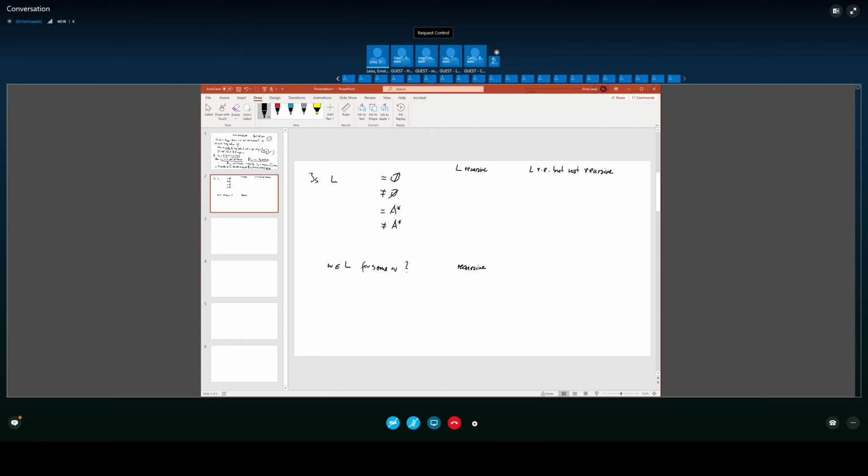And so is W in L is a question that has an answer yes or no. And that makes that problem recursive, because we will always have an answer yes or no. Because clearly, if the language is recursive, there's a Turing machine that will halt on every input.